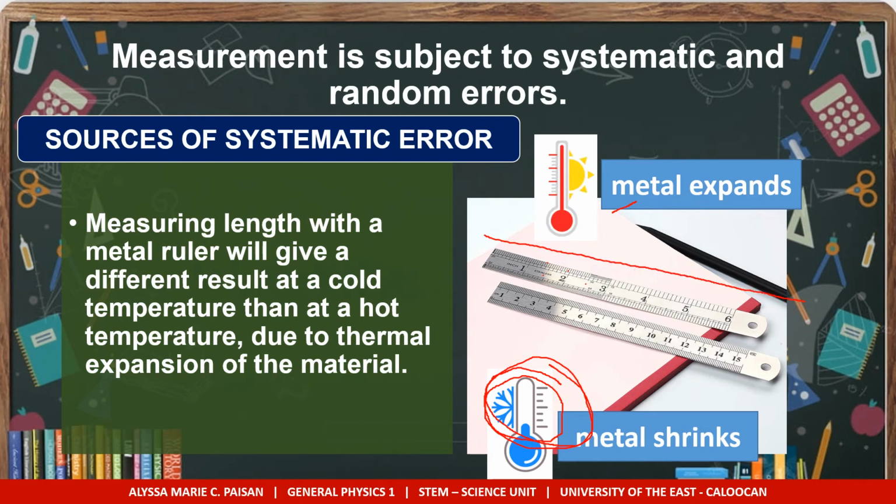During cold days, metal shrinks, which means that the metal becomes shorter. So during hot summer days, your measurements are longer. During cold weather, your measurements are usually, yes, shorter. Okay?